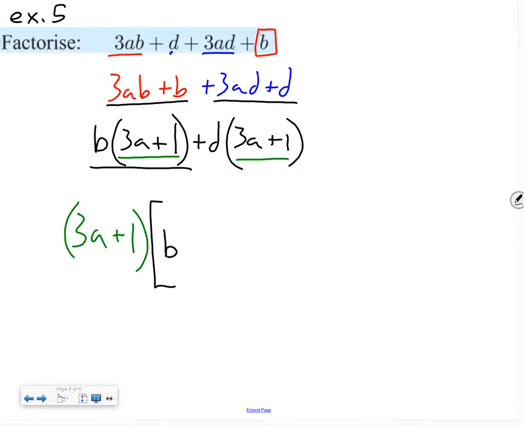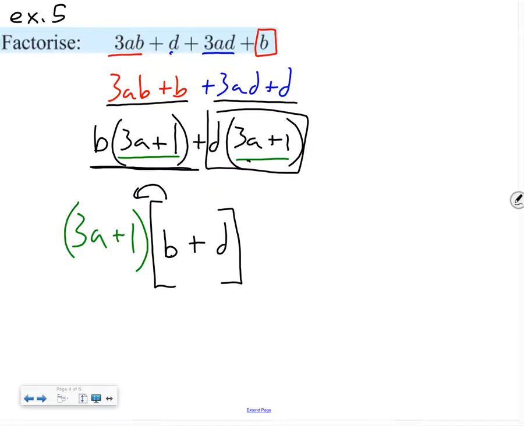Well, there's a b there. b times this will give me that piece. Same thing here, plus 3a plus 1 times what is this term? Well, it's got to be times d. So those end up being my final factorization.